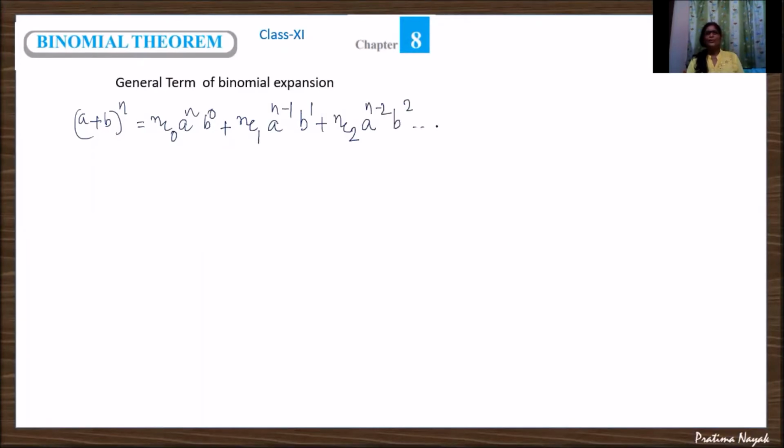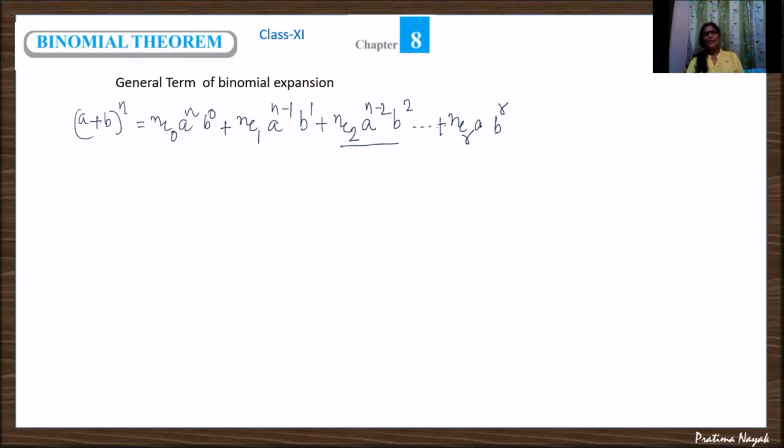Similarly, just imagine if I write nCr here, then what will be the index of a and the index of b? The index of b will be the same as the r in nCr, because if you observe each term, nC2 has b with index 2, nC1 has b with index 1. So when it is nCr, b has index r.